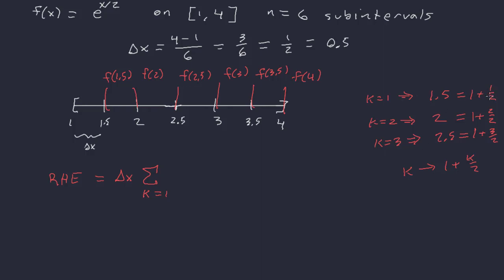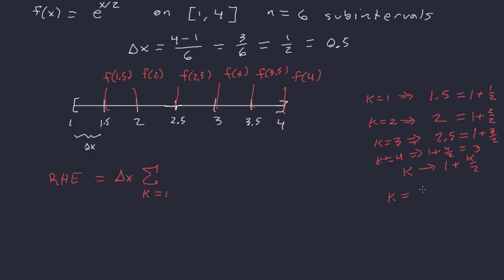halves. Because when we plug in the 1, we'll get 1 plus a half, 1.5. When we plug in the 2, we're going to get 1 plus 2 halves, which is 2. 1 plus 3 halves, which is 2.5. When we plug in the 4, we get 1 plus 4 halves, which will be 1 plus 2, which is 3.